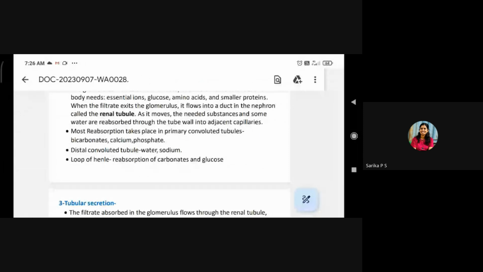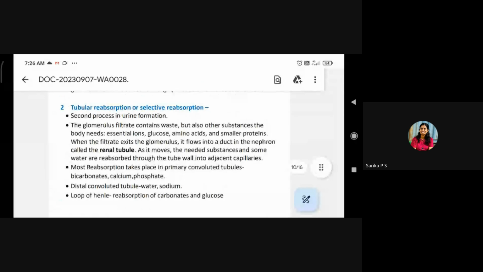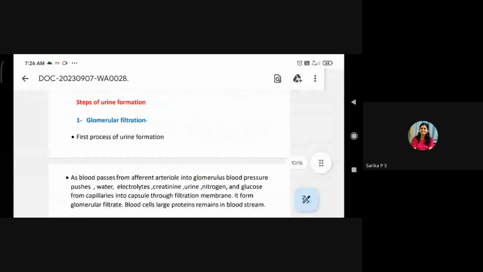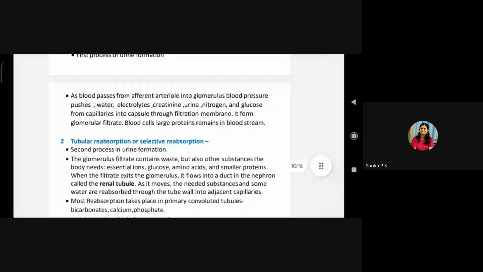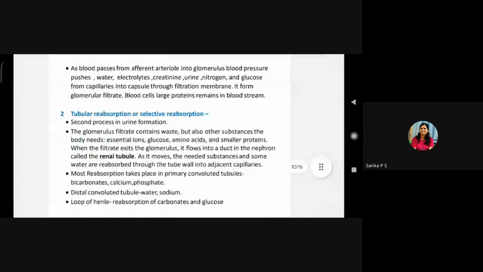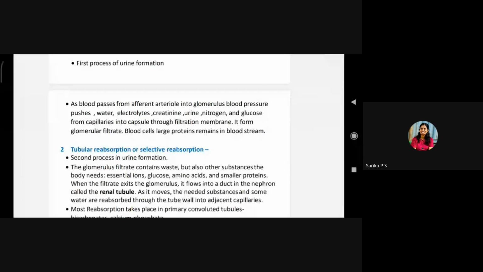So you have understood the first portion, first step. Yes, smaller portions being absorbed and the bigger portions like blood cells, large protein remain. So smaller things like water, electrolytes, creatinine, urea, nitrogen, and glucose, by the pressure of blood, they come to glomerulus filtrate, and they get filtered.